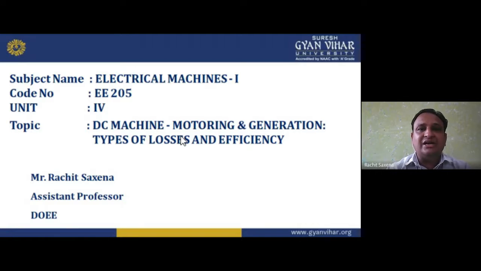The basic principle of electromagnetism is the Biot-Savart law. Biot and Savart were two physicists who found together that if we give supply to the coil, then we find a magnetic field surrounding it. That is the Biot-Savart law.